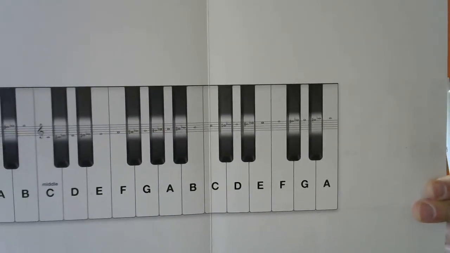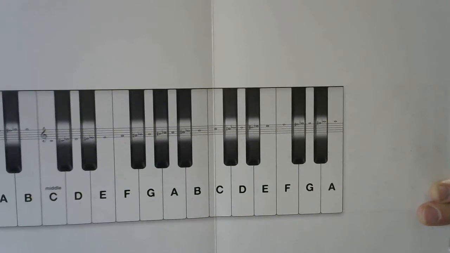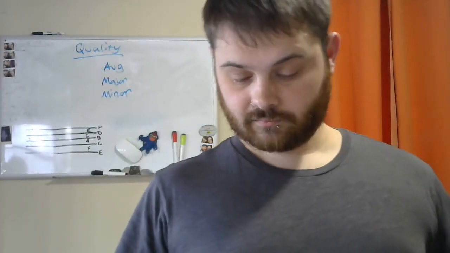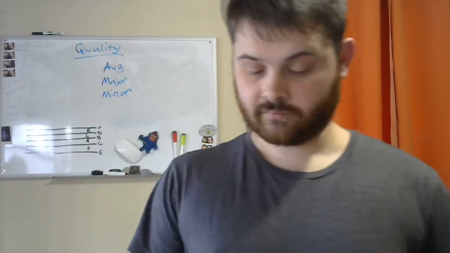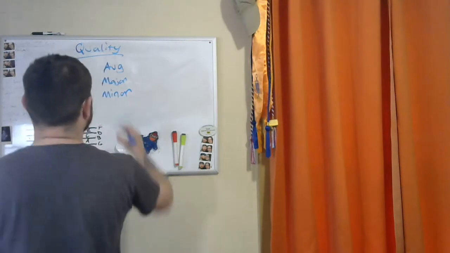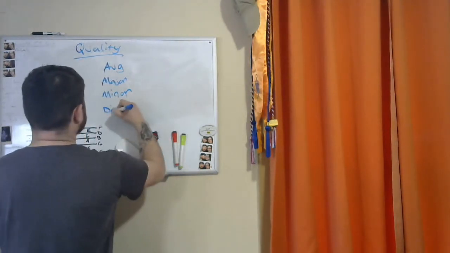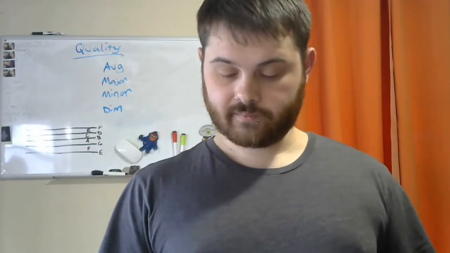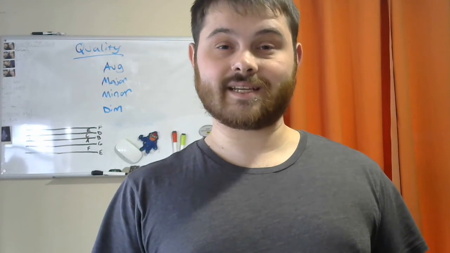C to the second black key in the first set of two, C to E flat, minor third. And then we can make that interval even smaller, call it diminished. I'm just writing it shorthand. Diminished or a major second.